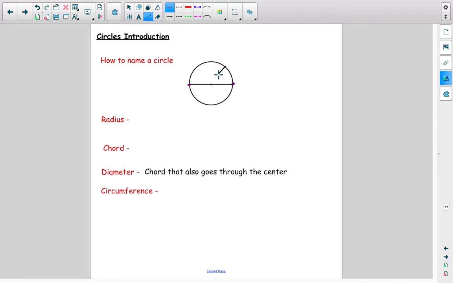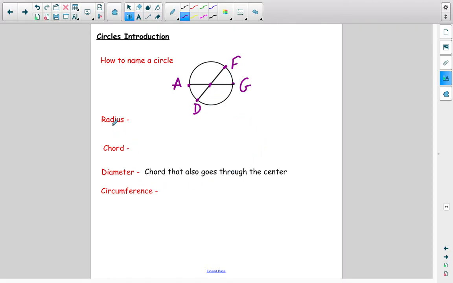This is also a diameter, this one, because it has endpoints that are on the circle and it goes through the center of the circle. Okay, so DF is a segment that is a diameter, or AG, whatever you want to name these. But that's an example of a diameter.